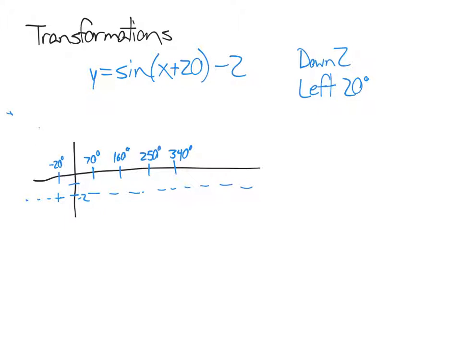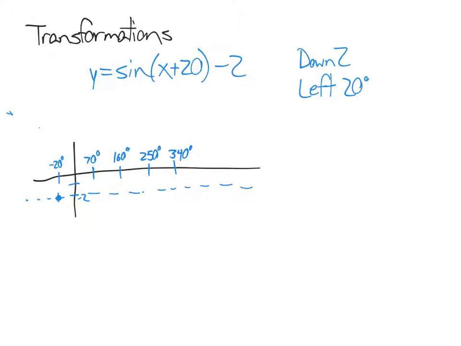Okay? And then we use our pattern. Middle, top, middle, bottom, middle. You can't get to the top without going through the middle first. Okay? So there we have it.